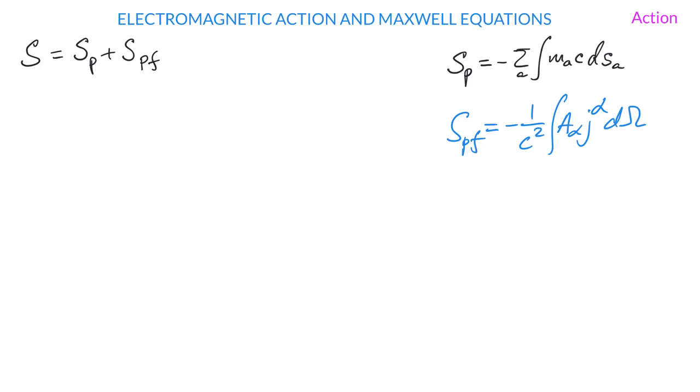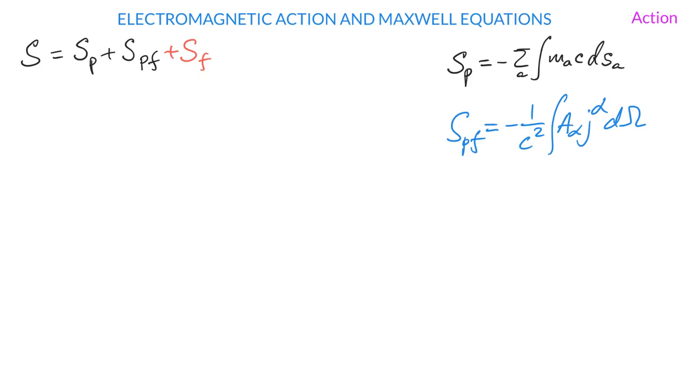There should be a term for the particles, the term for the interaction of particles with the fields, plus an additional term that we didn't write so far that expresses the action for the free field. It can only depend on the field variables. So those could be either the field potentials or their derivatives, which give the electromagnetic field strength tensor. So let's think what kind of things we could find in the field action S sub f.